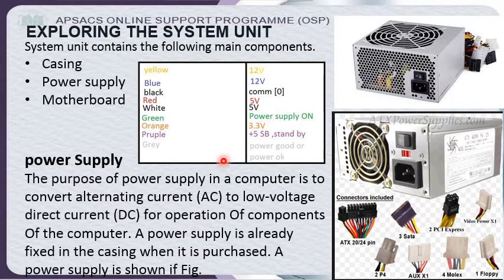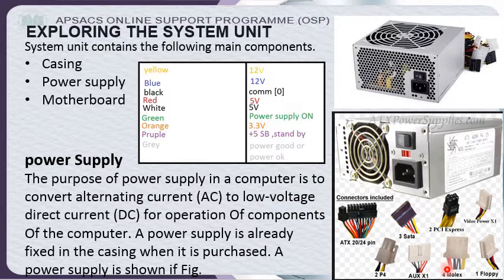So let's see what these color combinations show. In a Molex connector, I have told you that it is used to give power to your IDE hard disk and IDE CD-ROM. Your IDE hard disk works on two voltages, 12 volt and 5 volt.